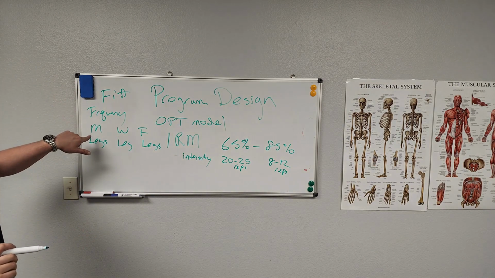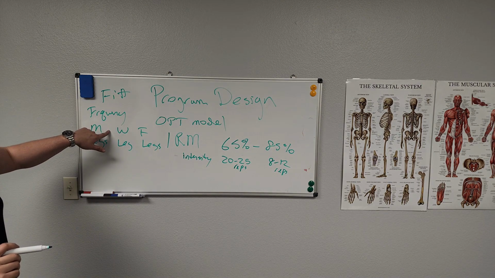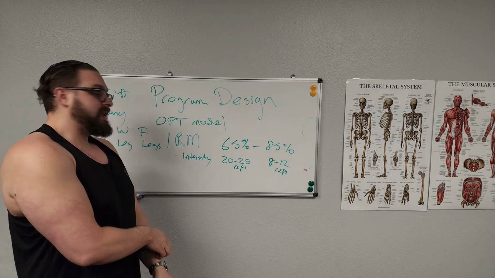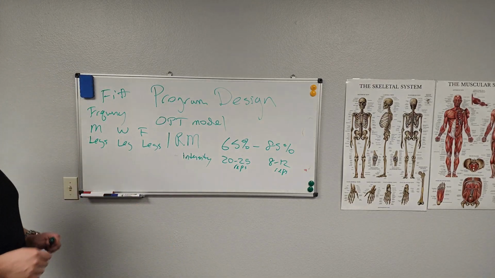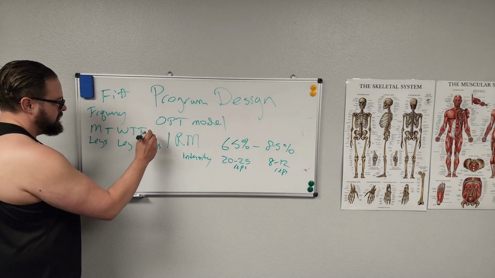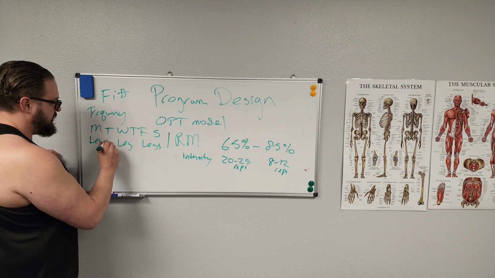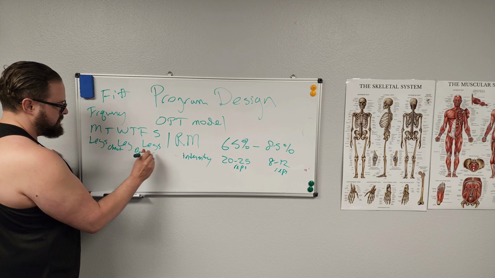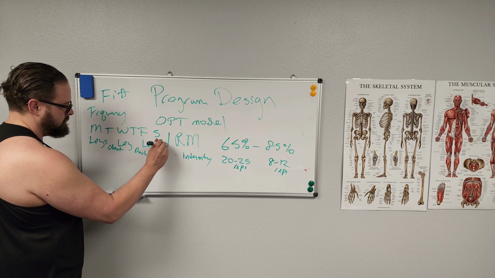So if you did it in the morning, next morning is 24 hours. Next morning is 24 hours, about 48 hours. That is a possibility. And then you would pair Tuesday and Saturday with maybe chest, back, and shoulders.